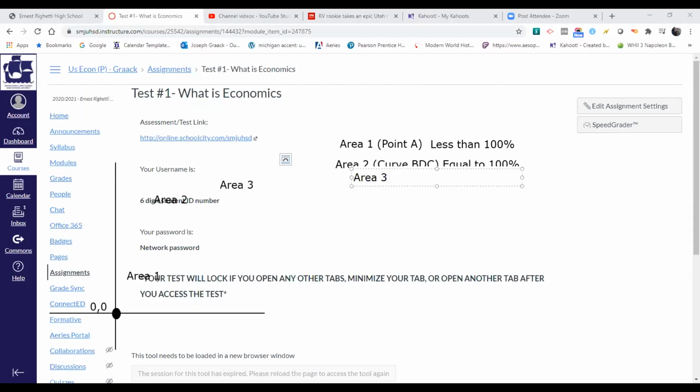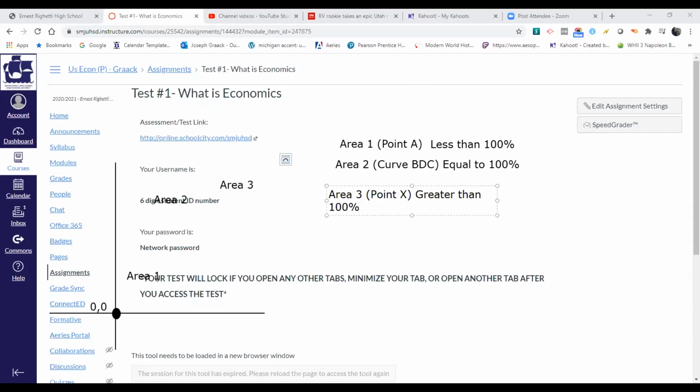Represented by point X. Bryce, what do you got area 3 equal to? Less than, equal, or greater? Greater. Greater is right. Okay, greater than 100%.